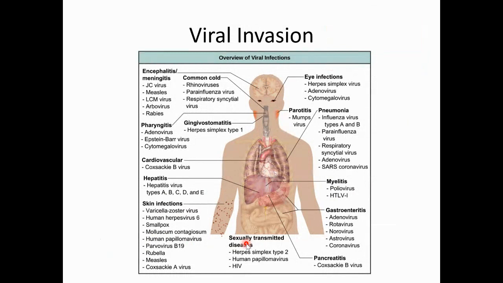The last one I'll talk about are viruses and the viral invasions. This is kind of like that one slide that I showed you, the bacterial invasions, and where viruses occur when they enter the body. These are viruses that tend to migrate and settle in the brain area. A common cold in the nasal area: rhinovirus, parainfluenza, RSV.